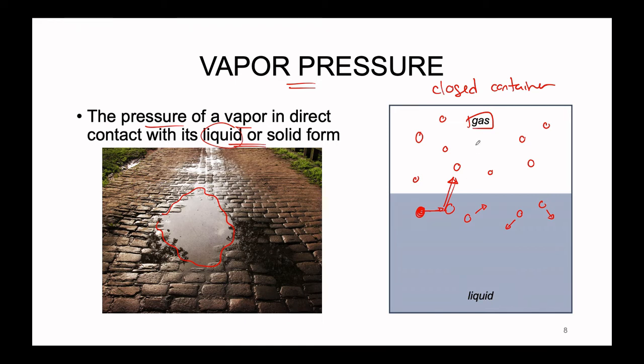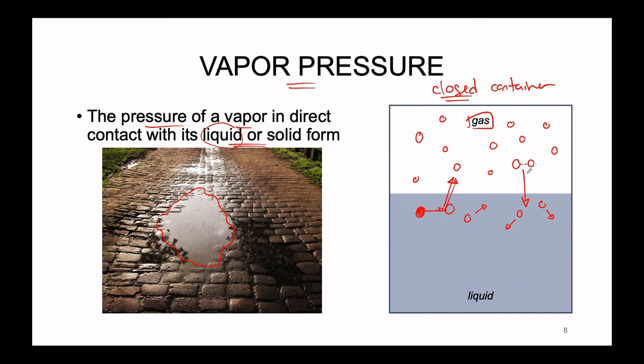What we see instead is that there is a certain saturation level for the gas above the liquid. And as the gas particles begin to build up, they're going to end up getting so close to each other that they will end up rebonding and rejoining the liquid. So we may have some liquid turning into gas, but in a closed container, the gas particles will eventually bump into each other and then come back down into the liquid state.